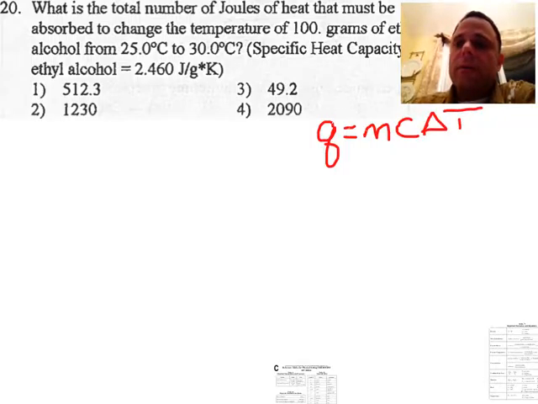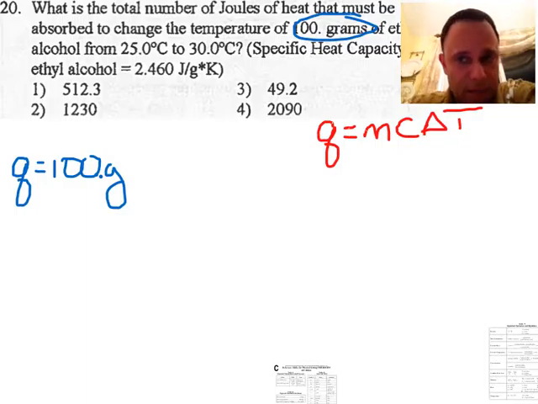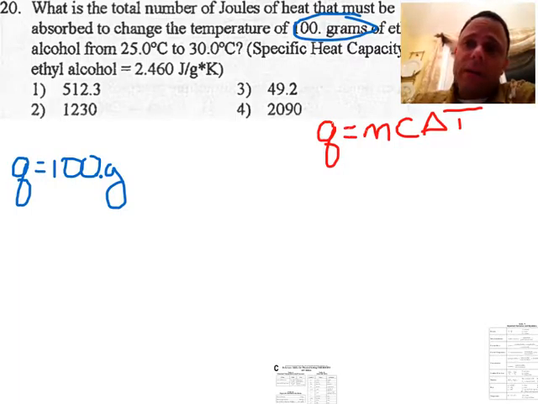Now, what are these values? Q is equal to the mass. There it is, 100 grams. Let's put the decimal point in there too, in the event that they asked for specific significant digits, that would be important. Now, what is C?